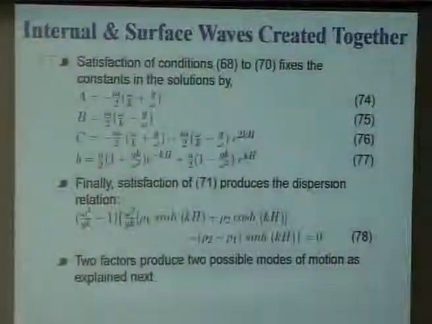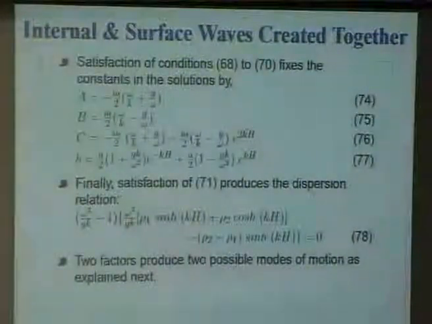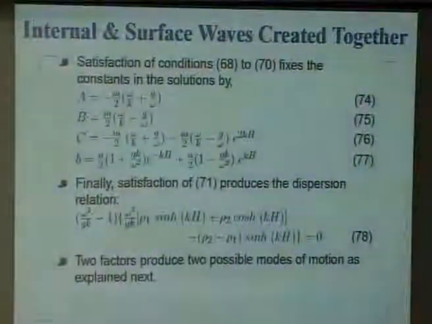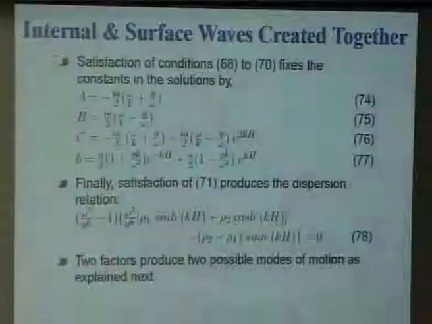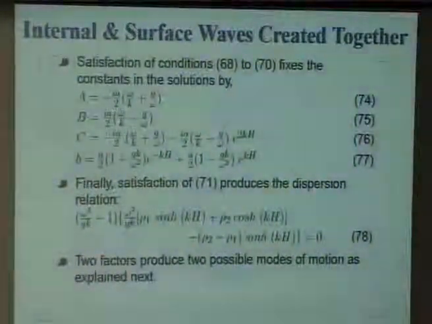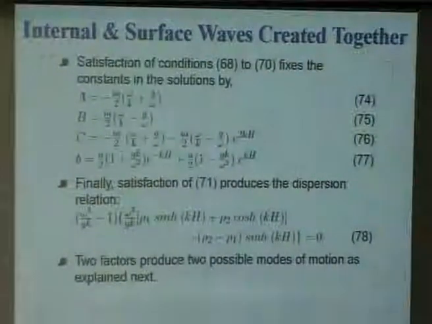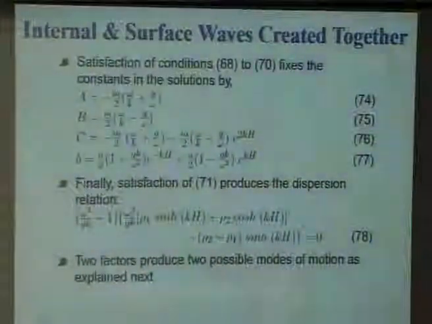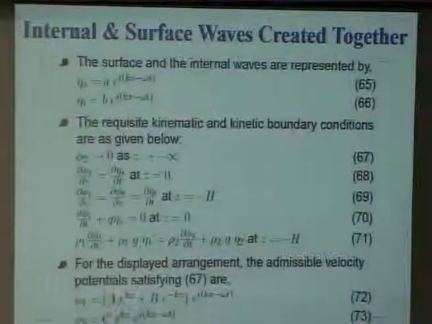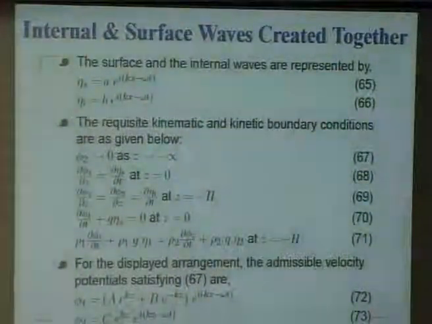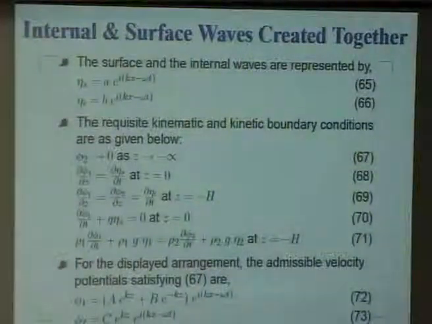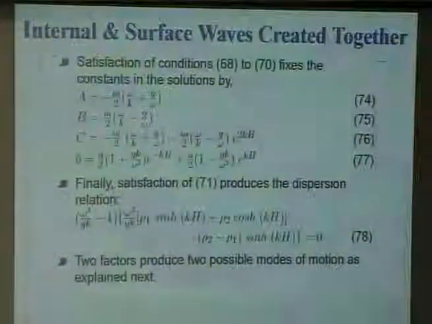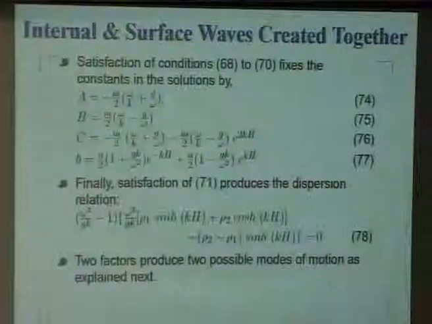Those kinematic conditions would give you these 4 equations in A, B, C, and D. B is the amplitude of the internal wave displacement, whereas lowercase a is the surface wave amplitude.